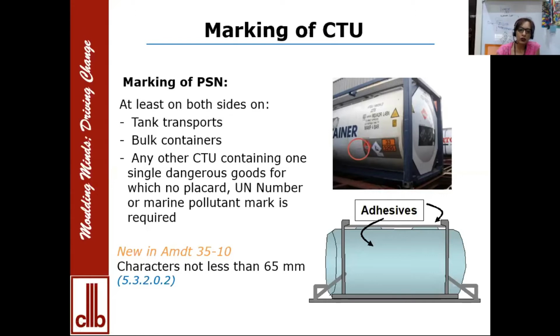In tanks, the orange panel at the bottom gives you the UN number. The numbers on top are known as the hazard identification numbers. And the PSNs have to be indicated on at least both sides of the tank.